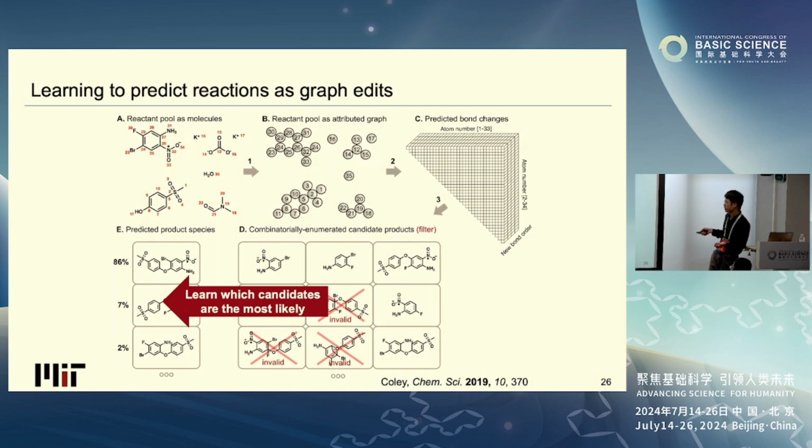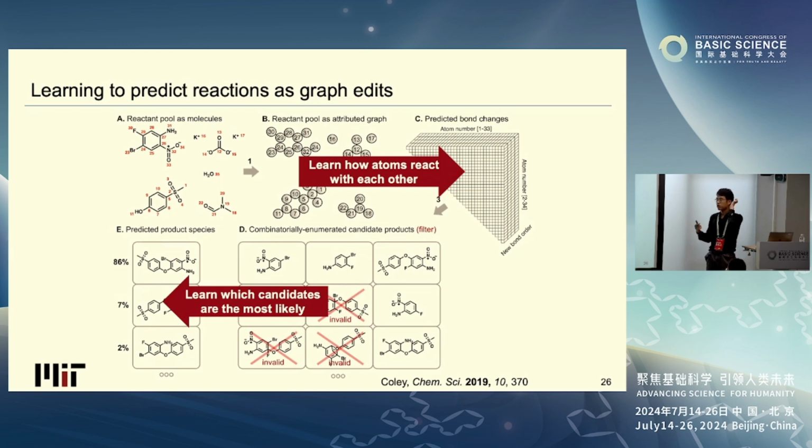Then we can generate random graph edits that lead to a set of possible outcomes, and again try to predict which candidate is the most likely. So it's again a two-step process. We first predict the reaction center and then rank the possible candidates, but it now gets rid of the template application, and these graph edit enumerations can be performed on GPUs, which makes this process much faster.